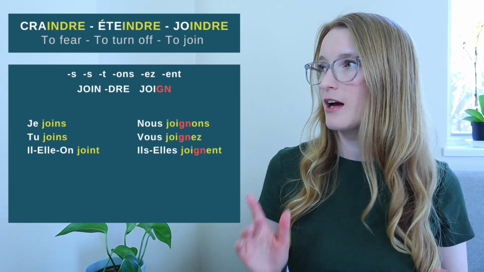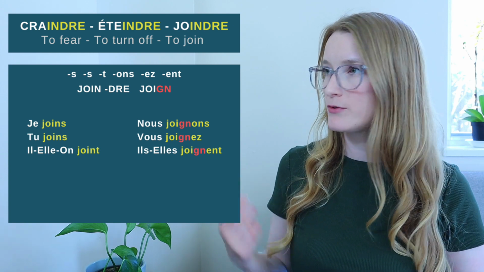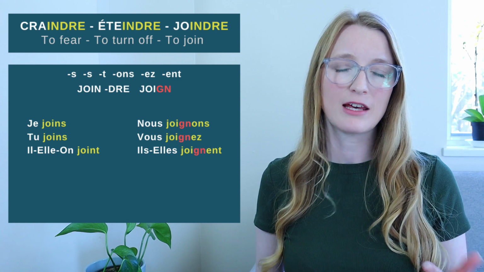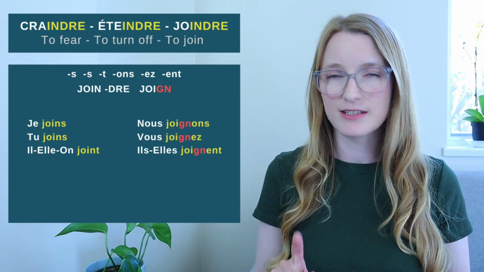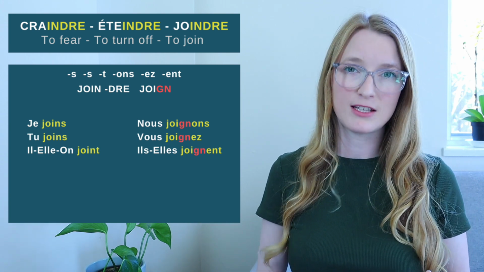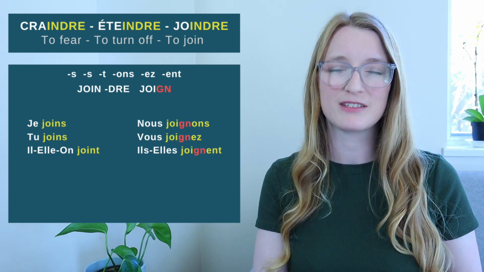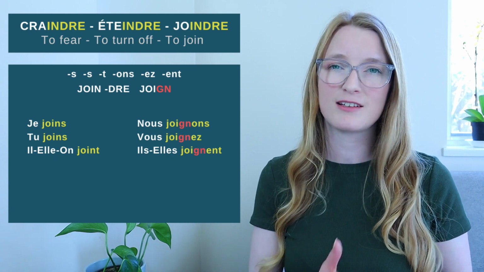So be careful here, I see a lot of people mistaking this for the verbs ending in re. So remember with the verbs ending in re, we keep the d and then we add the s, and then nothing. Here this is not the case. We remove the d as well. That's why I pointed out when we saw the verbs of the third group ending in re, technically dre, that the d stays.